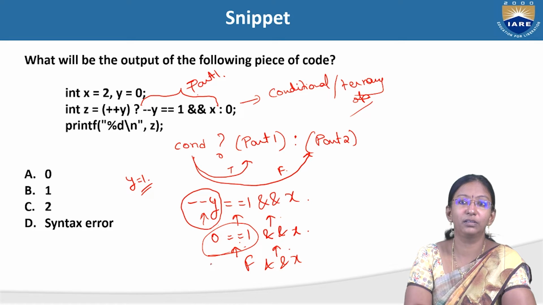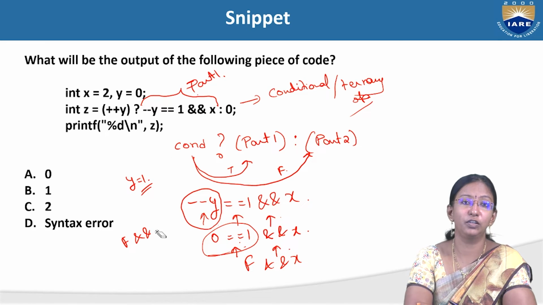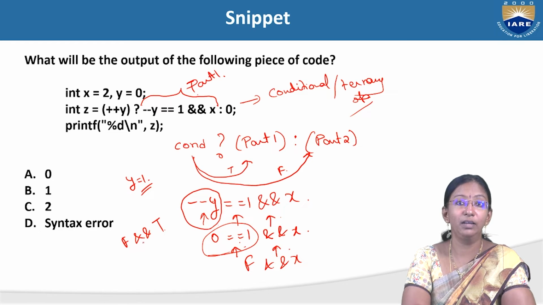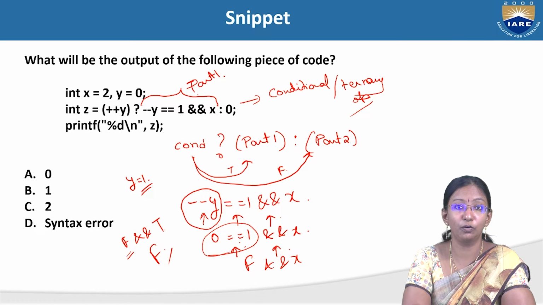How to evaluate this? x is 2, a value other than 0, which means it is true. Logical and gives true only if both conditions are true. But here one of our conditions is false. So the overall result of the expression is false.